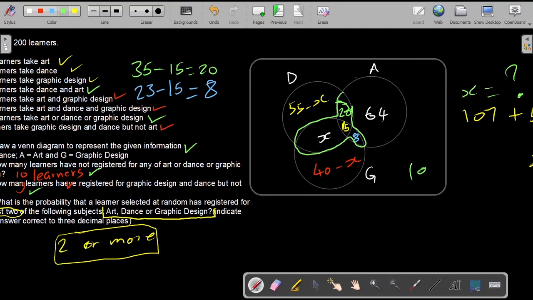And in that section, we have the intersection of 2, D and A. Here, we have the intersection of D, A, and G. And here, we have the intersection of D and G. Over there, we have the intersection of A and G.